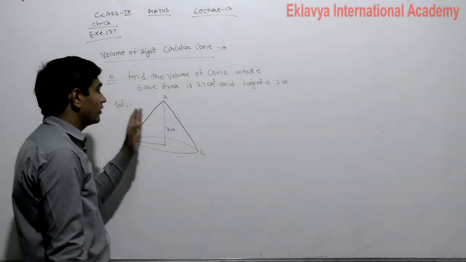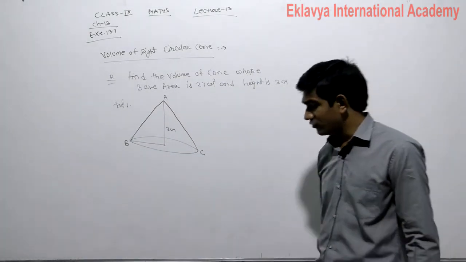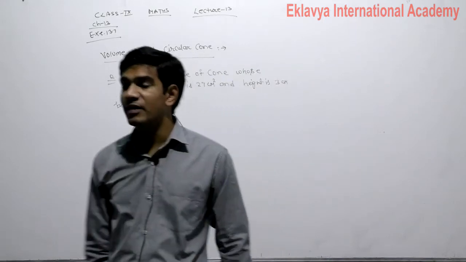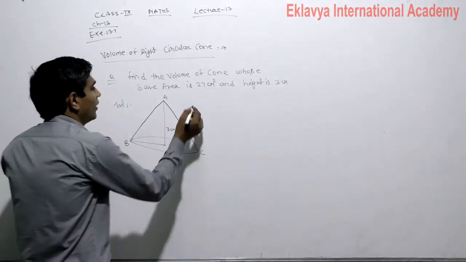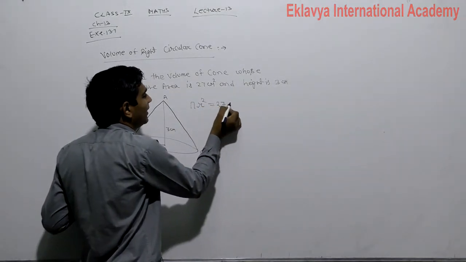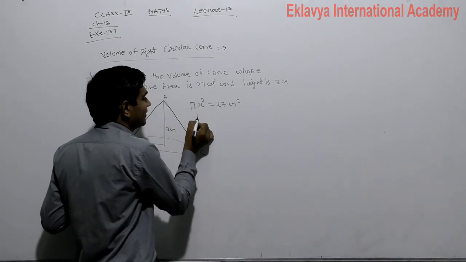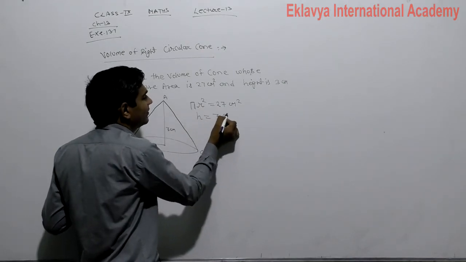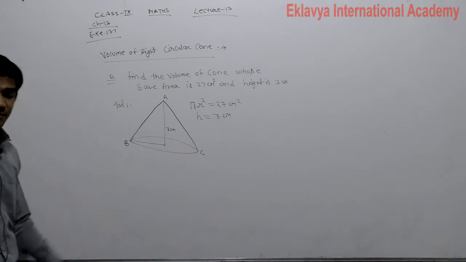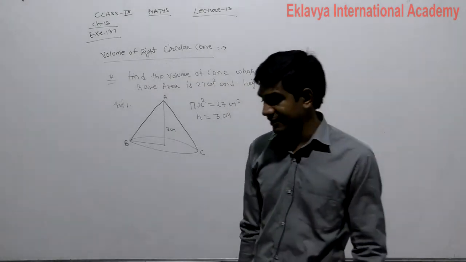Now what is given to you? Their base area. And what is the base in case of a cone? In the case of a cone, the base is a circle. So here, students, given to you is pi r square, the base area, 27 centimeter square, and second is height, 3 centimeter.